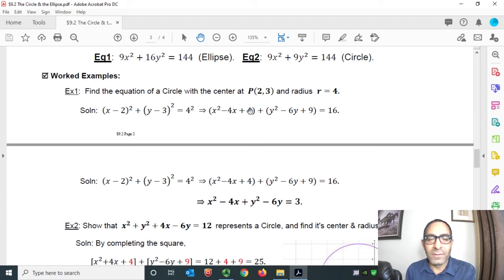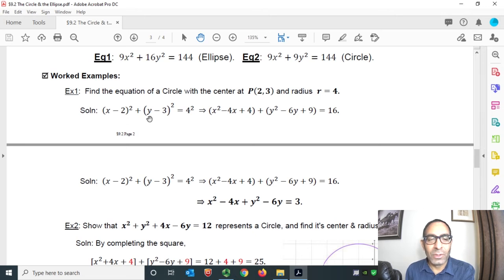The equation of a circle with center (h, k) and radius r is, by the formula, (x minus h) squared plus (y minus k) squared equals r squared. So here by that formula it turns out that (x minus 2) squared plus (y minus 3) squared equals the radius, which is 4 squared.